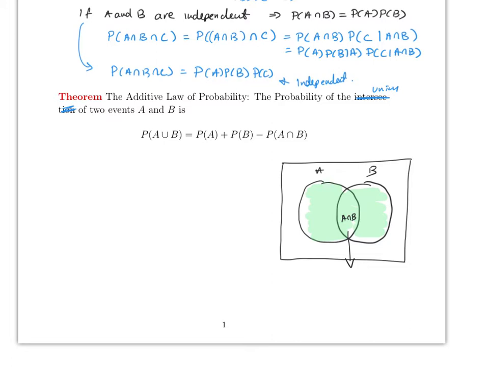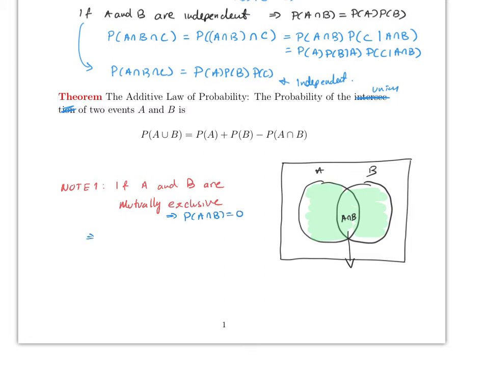Now make a couple of notes here. Note one, if A and B are mutually exclusive, remember that implies that the probability of A and B is equal to 0. That means they have nothing in common.